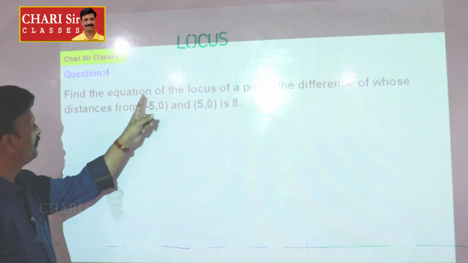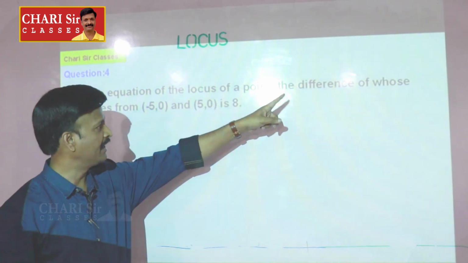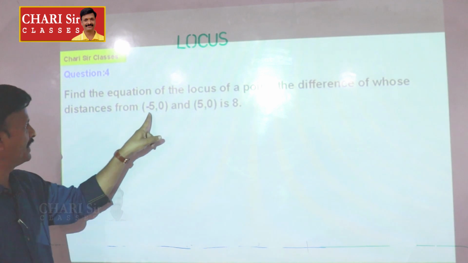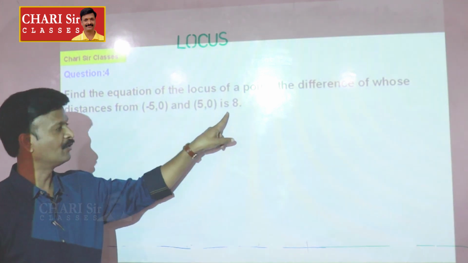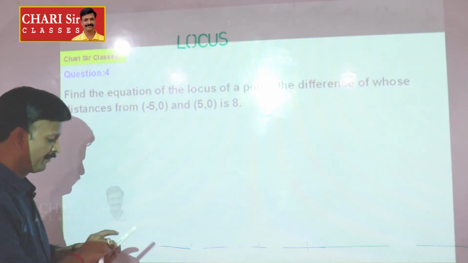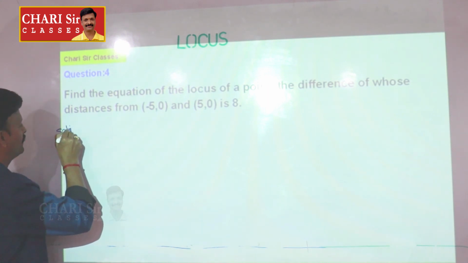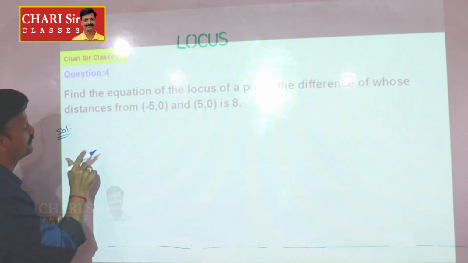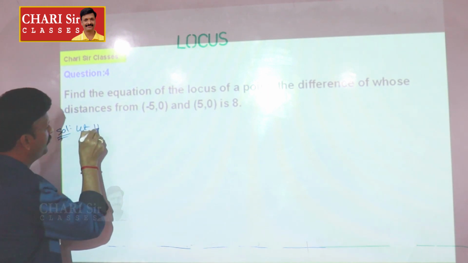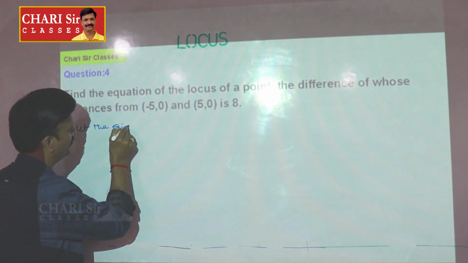Question number 4. It is given: find the equation of locus of a point, the difference of whose distances from minus 5 comma 0 and 5 comma 0 is 8. Now, the first step in this solution: let the given points be.